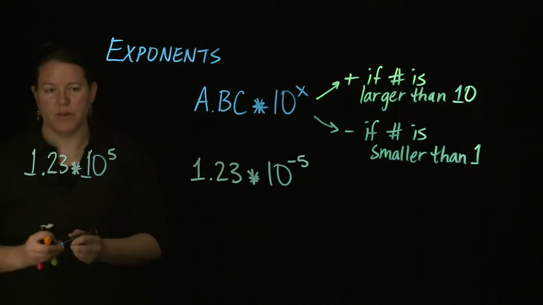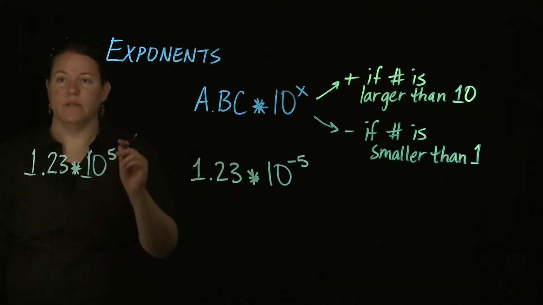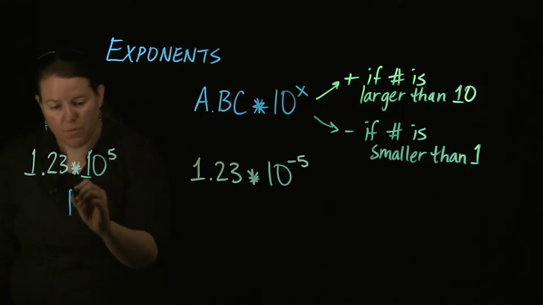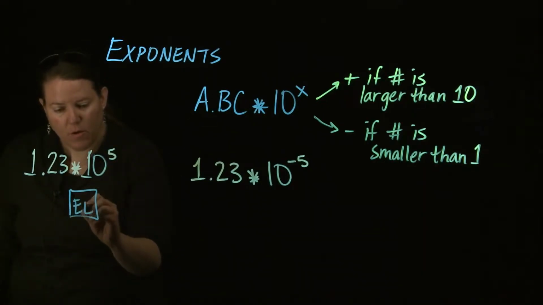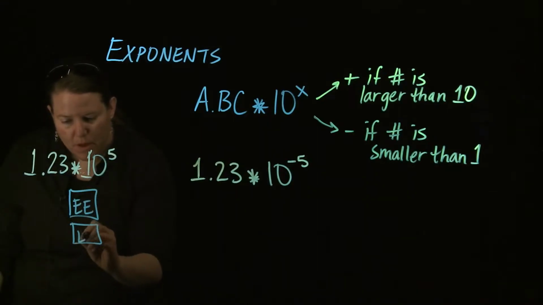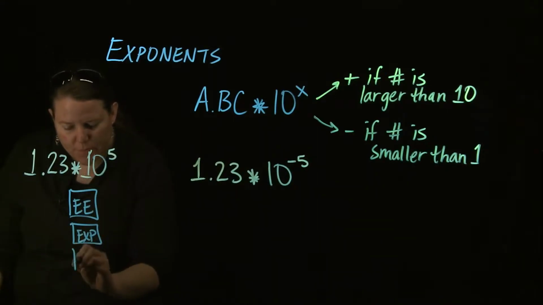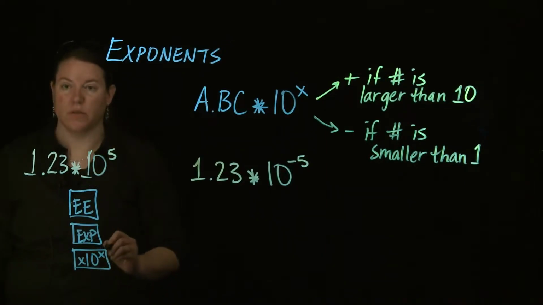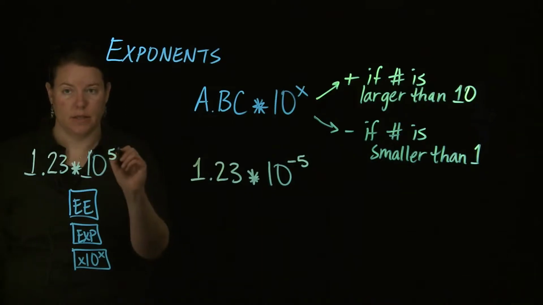You would search your scientific calculator for a button that says EE or EXP. Or sometimes, if you get weird calculators today, it says times 10 to the x, which is a little weird. Not 10 to the x, times 10 to the x.